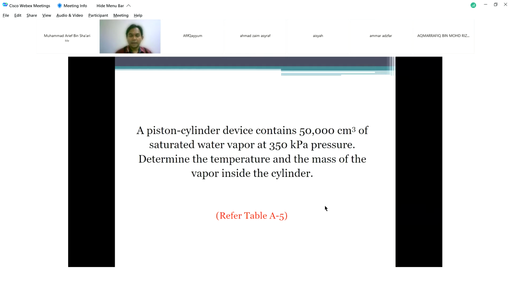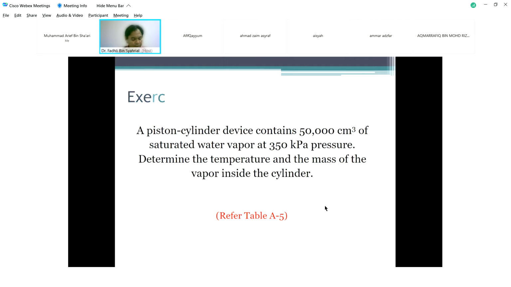Okay, kalau pressure is given, you have to look at table A5. Now please look at table A5.